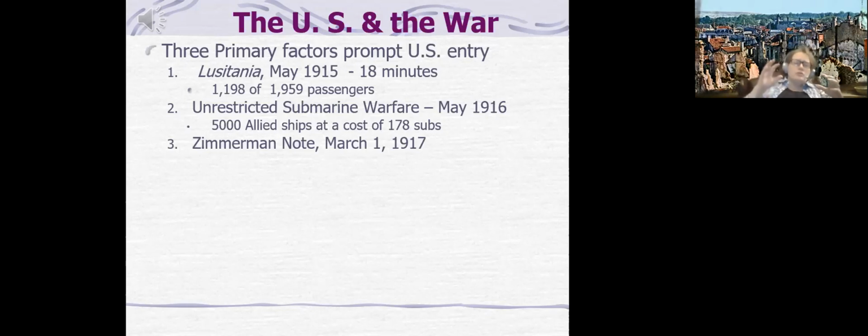Now, Germany, because she's blockaded, in order to get a message to a neutral party like the United States or even Mexico, has to send their communications out through neutral territories and get them in through other places. And so it has to go out through like the Swiss or the Dutch, and then from there it goes through London, and then it has to come in all the way to the United States.